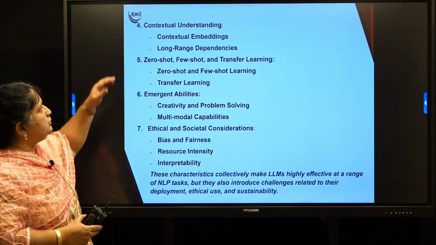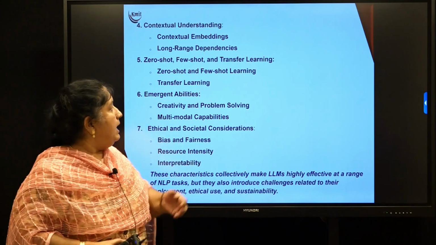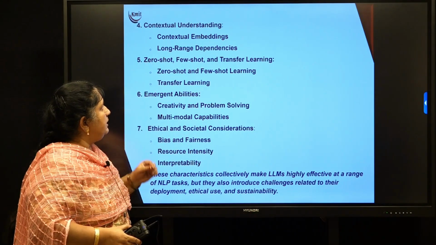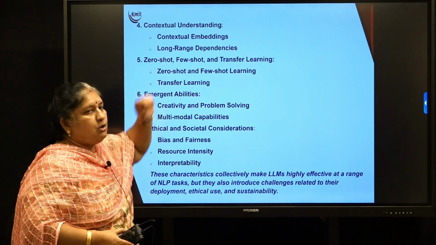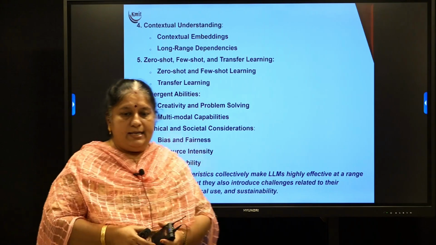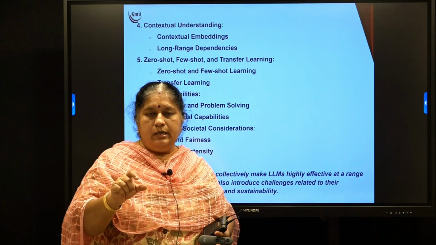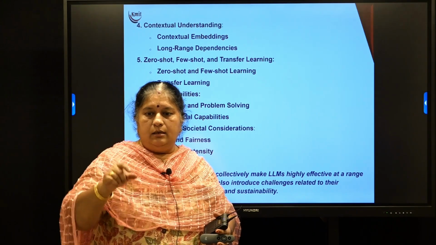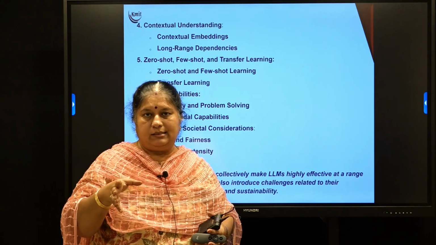Next, contextual understanding. This is another feature of large language models. Under contextual understanding, we talk about contextual embeddings and long range dependencies. What are contextual embeddings? When I speak something, I should know that a particular word has a meaning, and a particular word might have multiple meanings depending on the context.